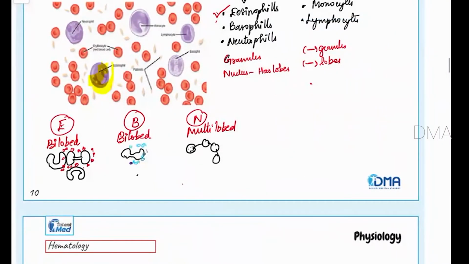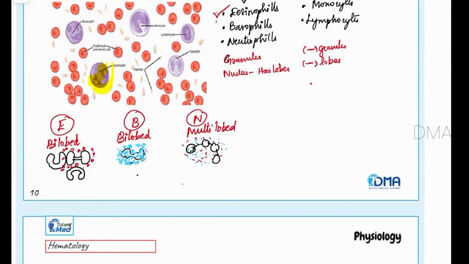These are also coarse granules, but the granules occupy the nucleus also, so you are not able to see the nucleus clearly. Neutrophils have both eosinophilic and basophilic granules, but they are very small, called fine granules.